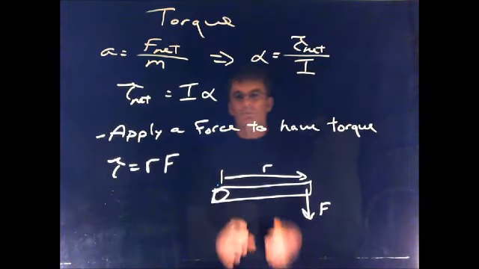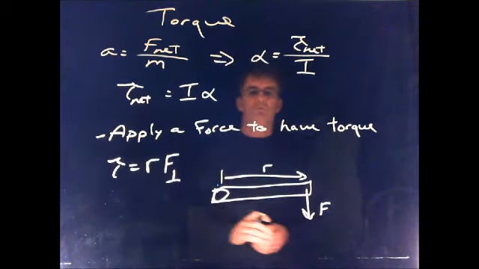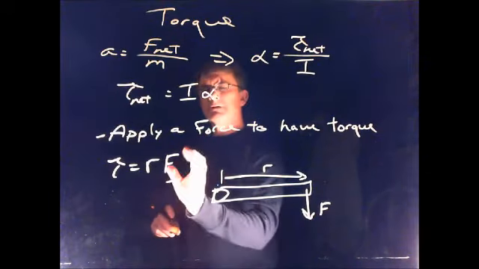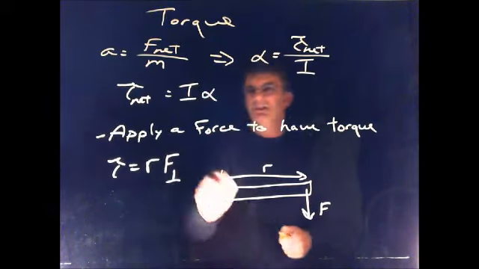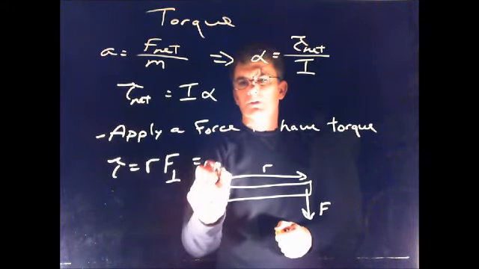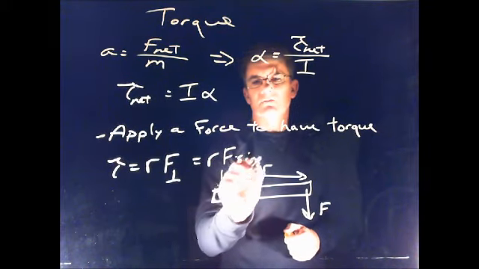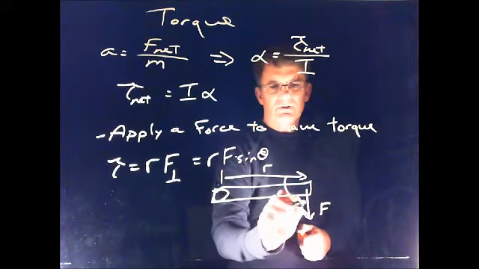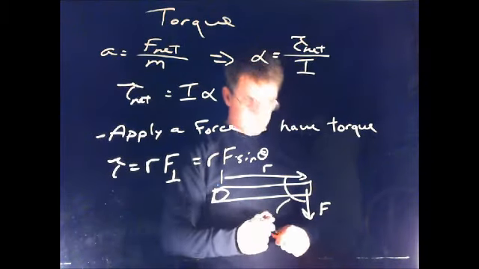However, we only want the perpendicular component of the force. This is a little bit different than what's on the reference sheet, but that's okay. We end up with the same idea. To get only the perpendicular component, I take the sine of the angle. In other words, the angle between force and my radial arm is theta.